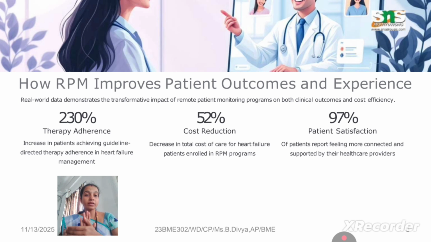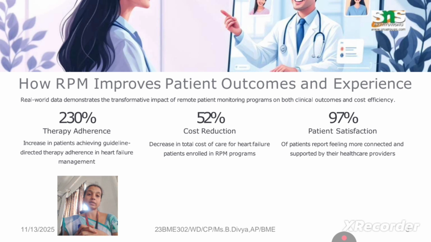We can identify the therapies given for heart failure management. This is a huge appreciation, because these remote patient monitoring systems are very helpful in analyzing patients and treating them remotely.